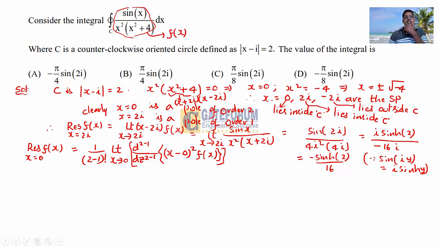So here x square cancels with the denominator x square, 1 factorial value 1, 1 derivative. Here the limit x tends to 0. A small mistake: I wrote z variable, but it is x variable.